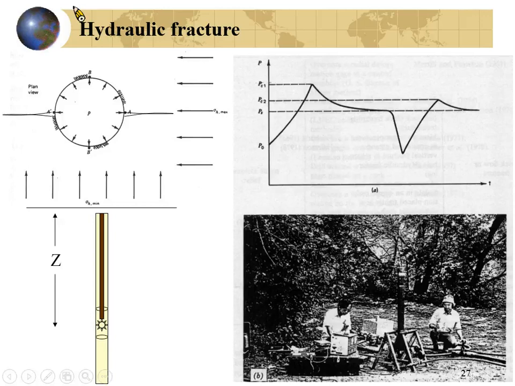We drill a borehole and lower packers from the surface. Put the first packer here and the second packer here, and inflate them by injecting pressure to expand and seal this segment. This segment isolates the upper part and the lower part.